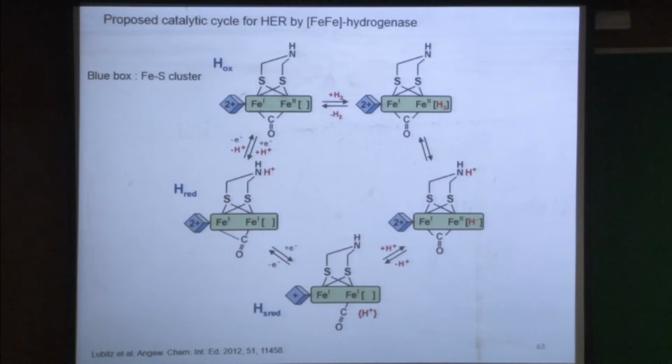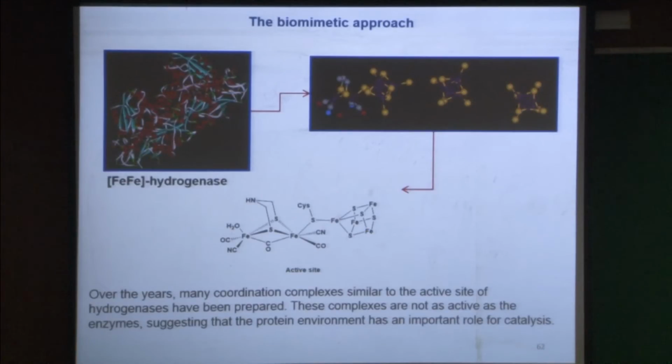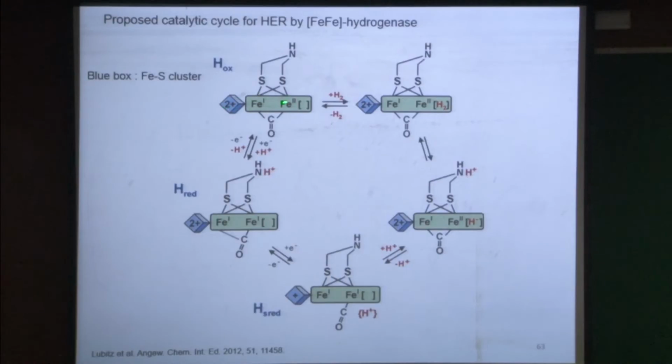So let's start at the beginning. The iron-sulfur cluster has a 2+ overall charge. One is iron 1, one is iron 2, bridged by CO and this group.